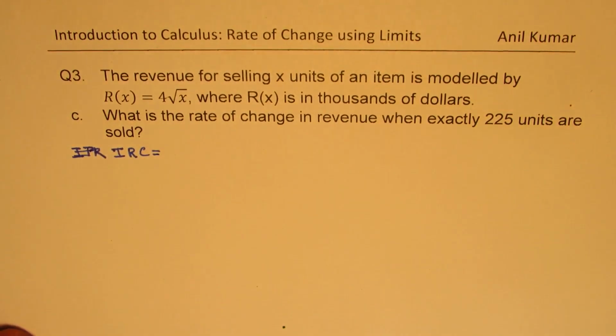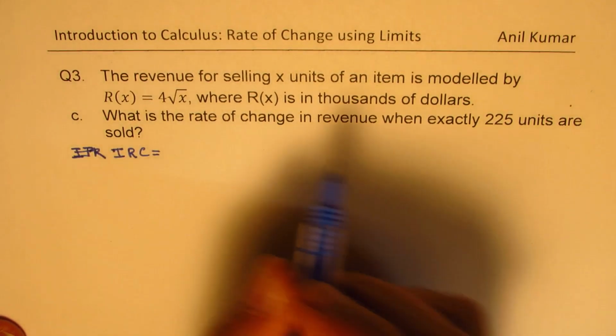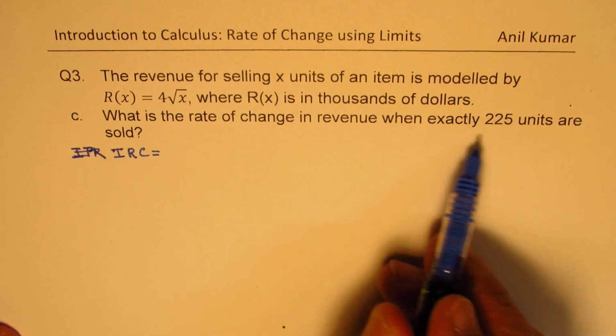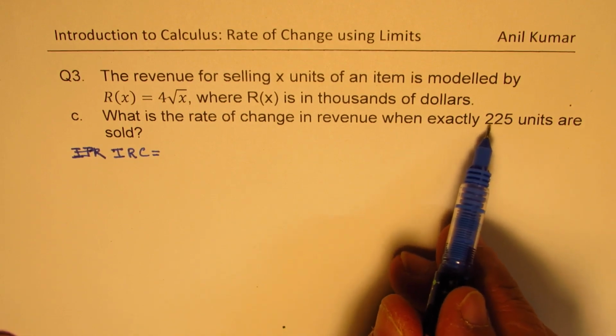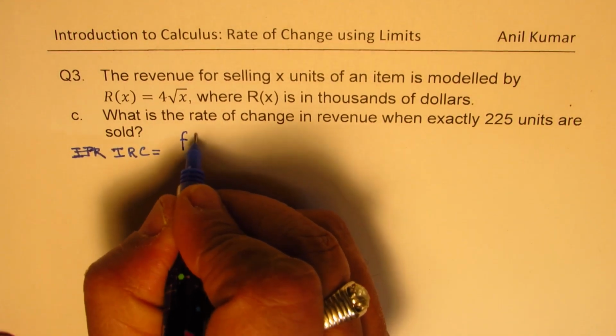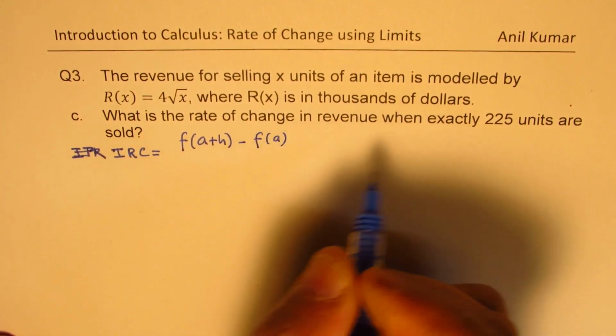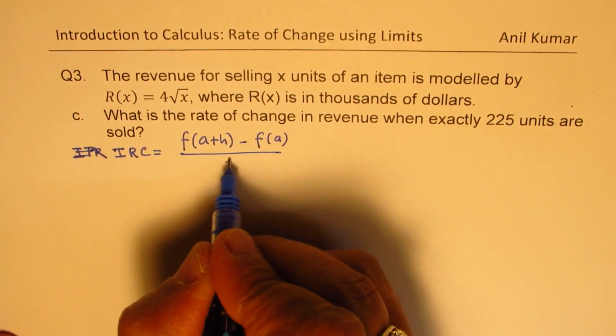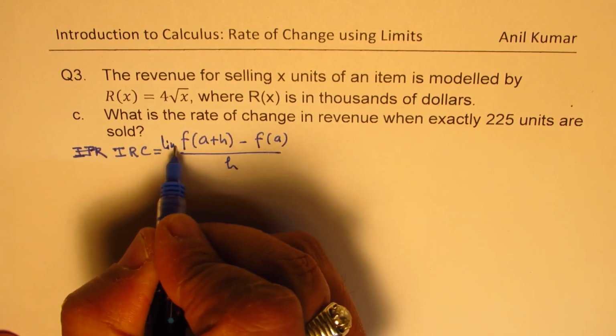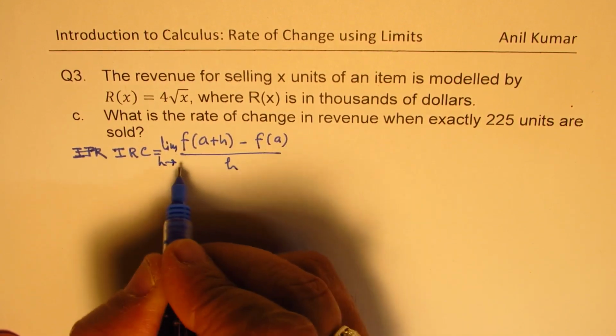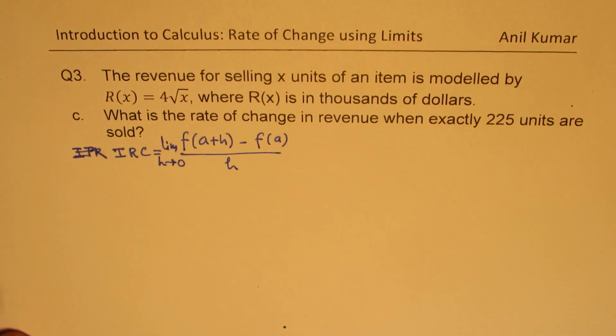Now the instantaneous rate of change can be given to us by, we want when the sales is of 225 units, f of a plus h minus f of a over h. Of course, limit when h approaches 0, right? That is when we get the instantaneous rate of change.